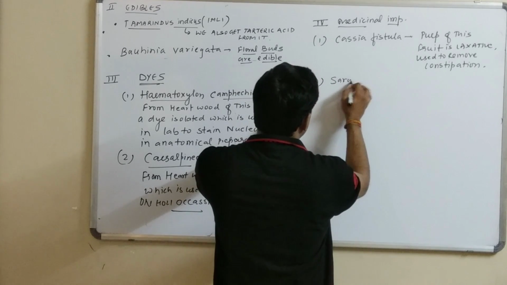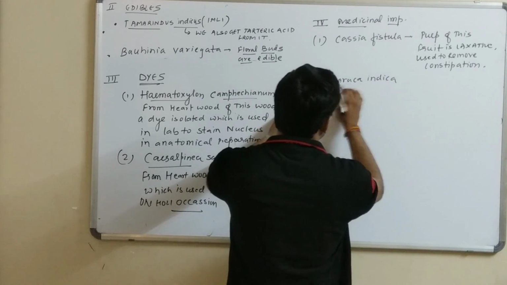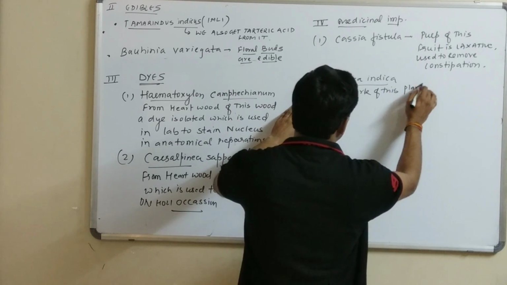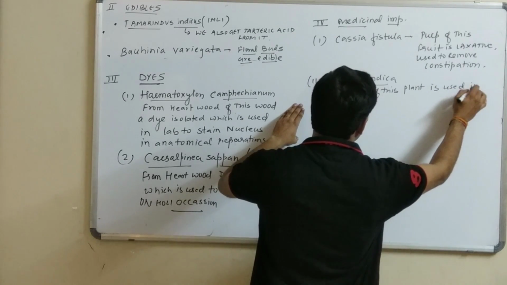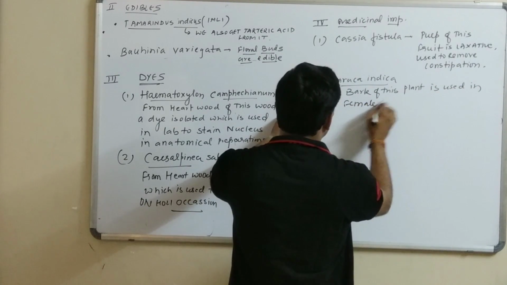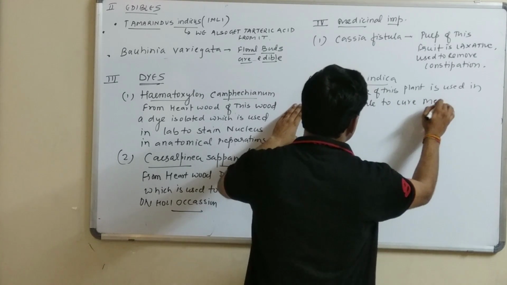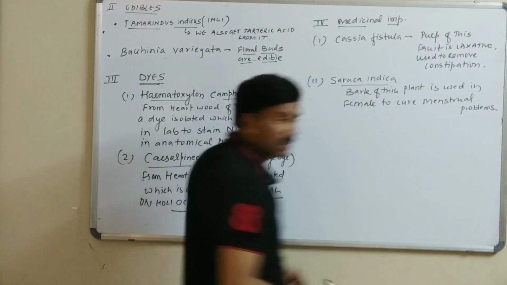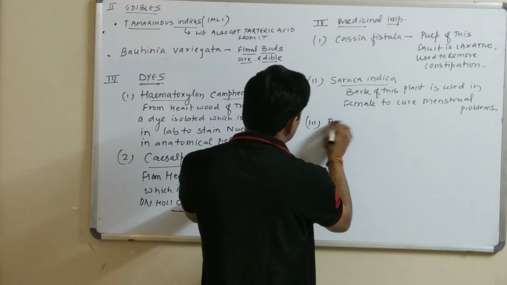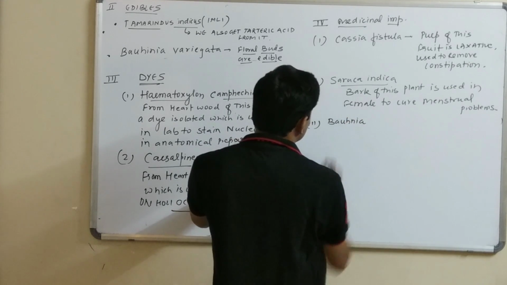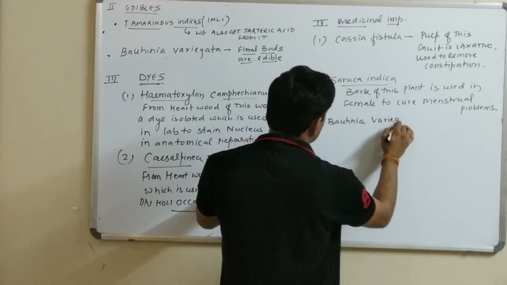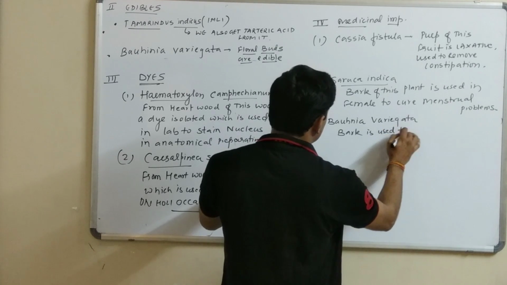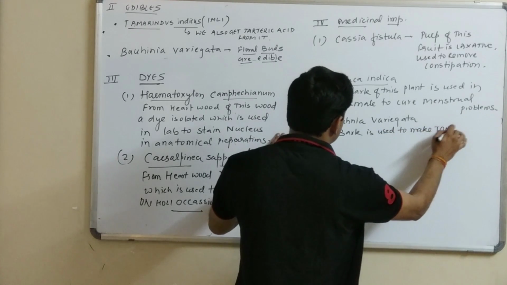Second, Saraca indica. The bark of this plant is used in females to cure menstrual problems. And the third one is Bauhinia variegata. The bark is used to make tonics.